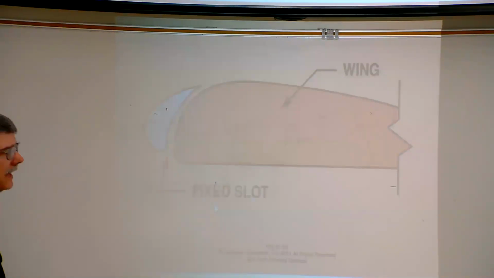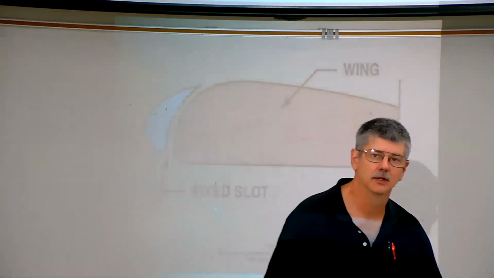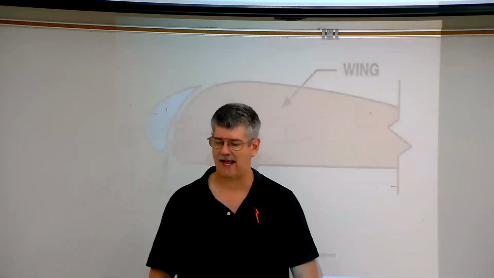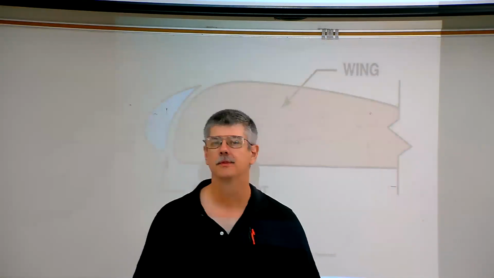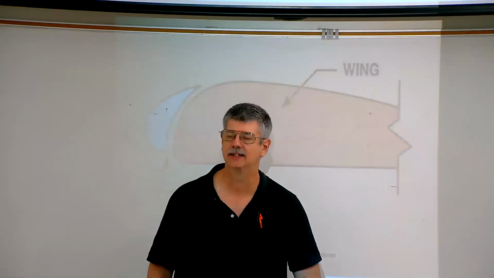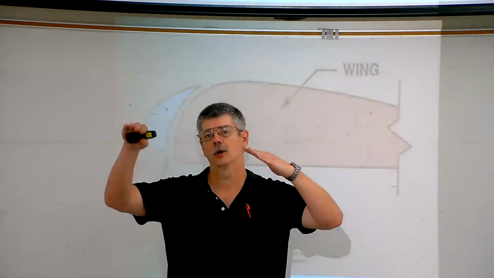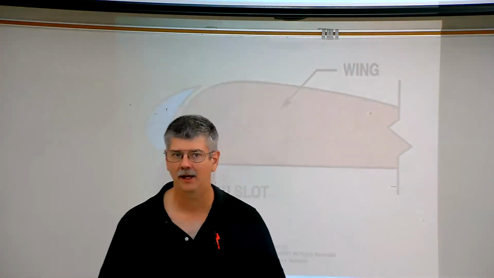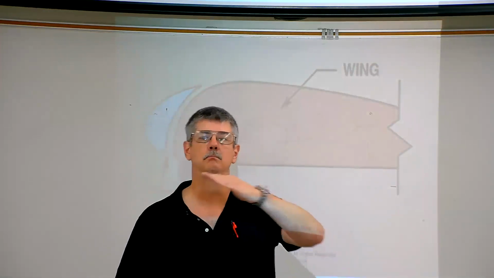Okay. Now, another leading edge device is known as a slot or a slat. They do the same thing, but the difference between a slot and a slat is that a slot is a non-movable opening in the leading edge of the wing. A slat has an opening, but it moves.